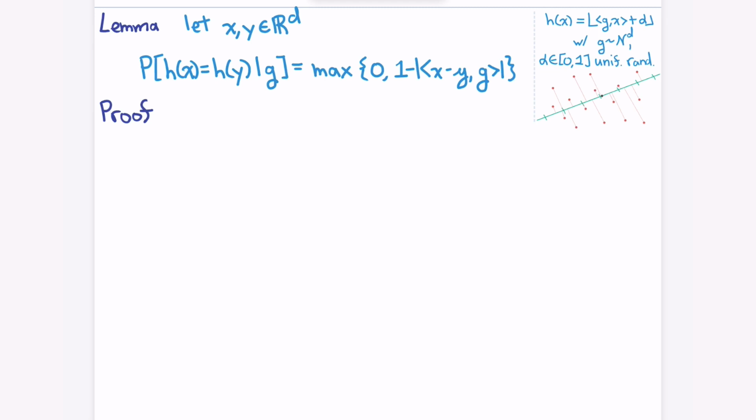So why is this claim true? Let's say this is already on g. The distance between them will be this dot product.